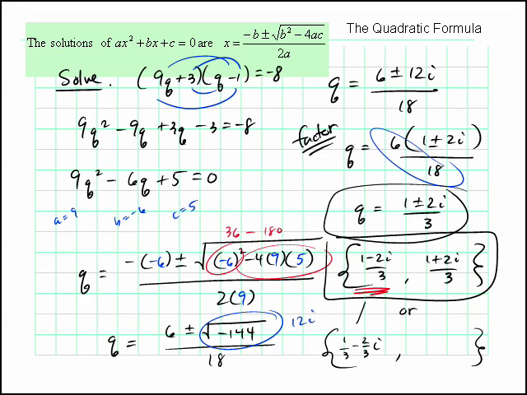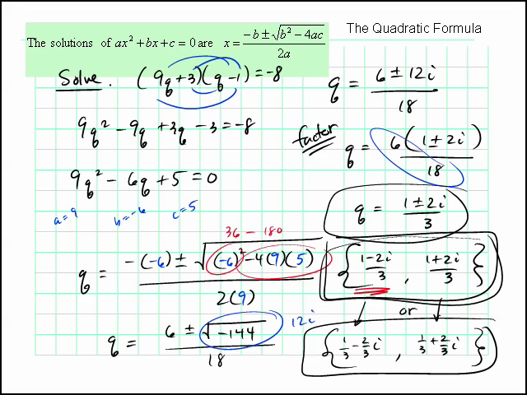And this one could be written as 1/3 plus 2/3 i. So you could either write the solutions this way or this way. Both are acceptable answers. And that's how we use the quadratic formula to solve quadratic equations.